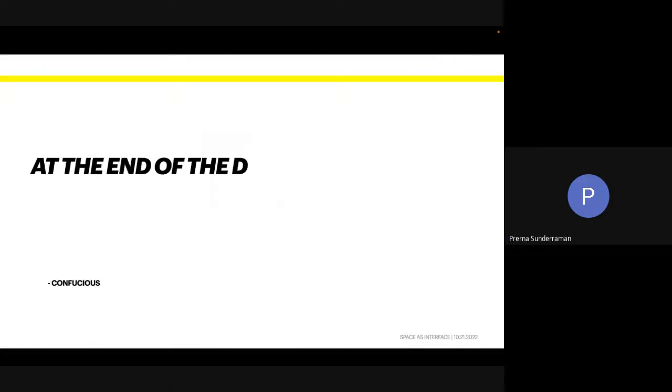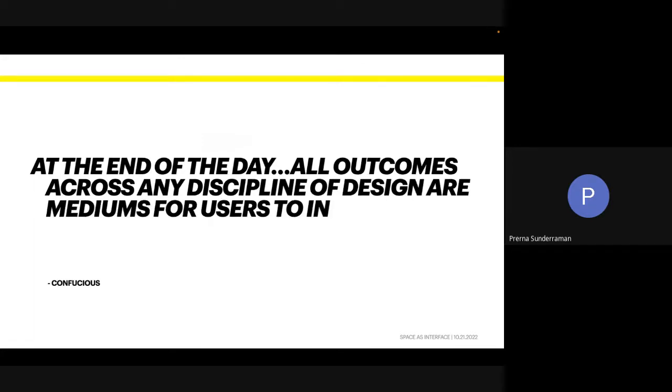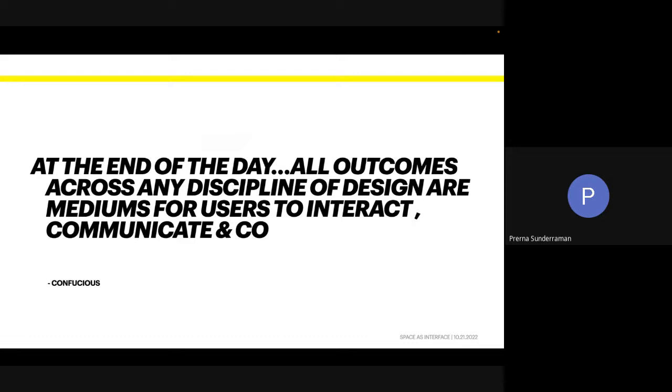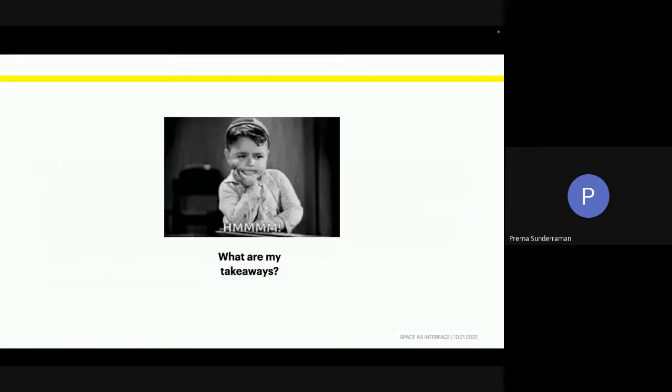So all outcomes across any discipline of design are really a medium to help users interact, communicate, and collaborate with the world around them. So I think this is really important when we want to bring design principles and processes from one to the other. So definitely there are takeaways from this.